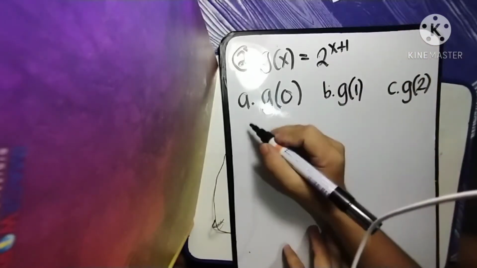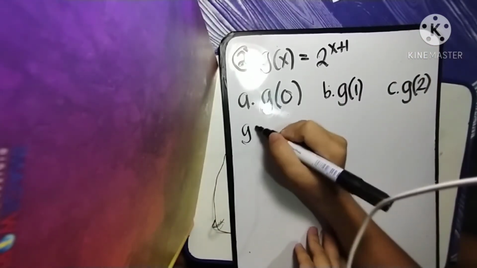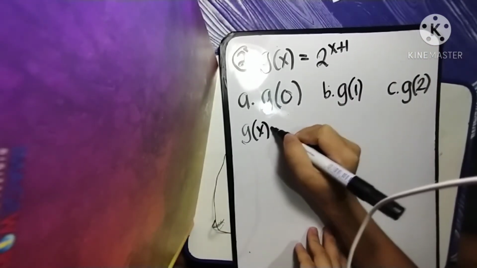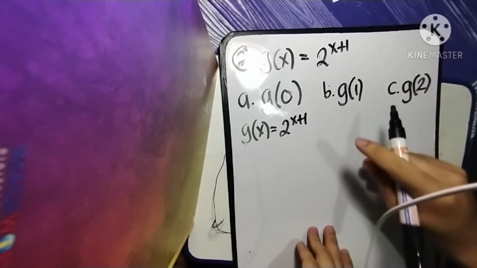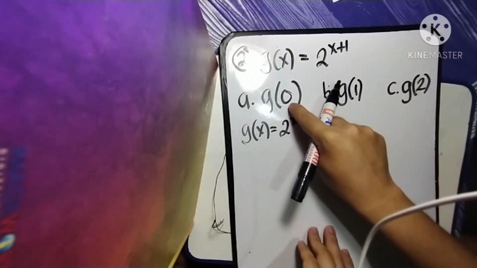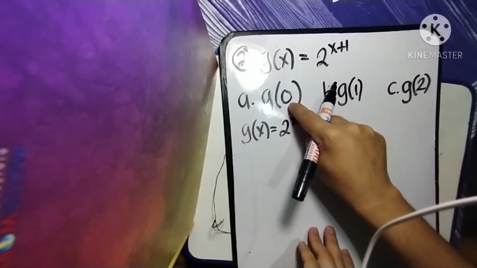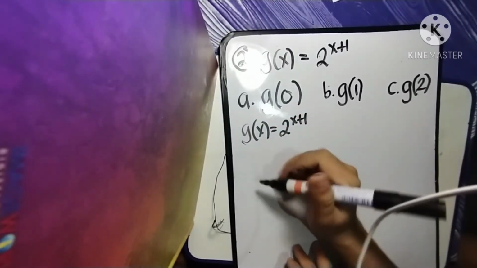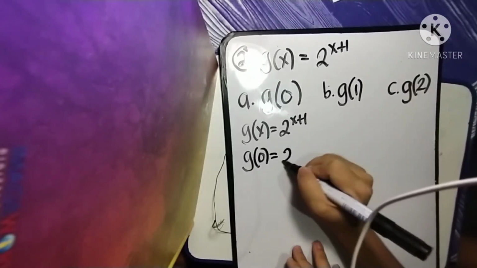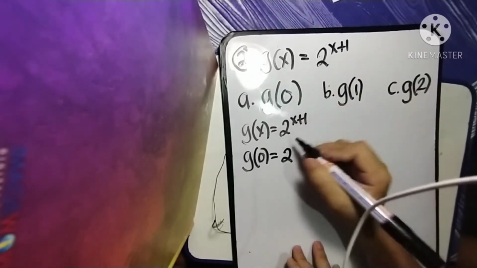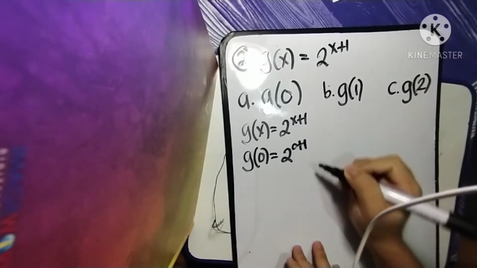So, let us copy the given function, which is g of x is equal to 2 to the power of x plus 1. Now, our x now is 0. So, substitute 0 to the given function. So, we have g of 0 is equal to 2 to the power of x, which is equal to 0 plus 1.